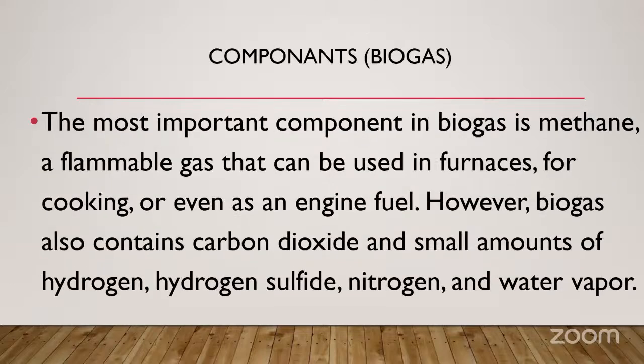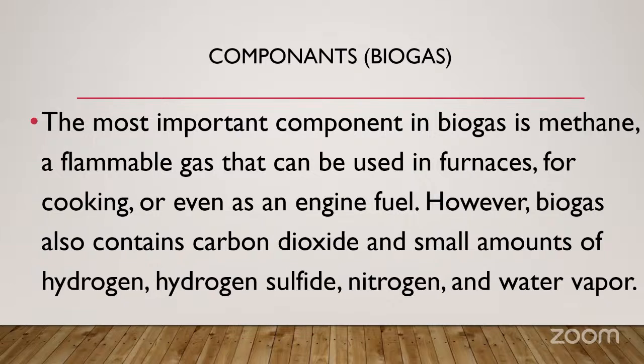The most important component in biogas is methane, which is a flammable gas that can be used to produce heat through a furnace or for cooking using equipment which is going to heat up.